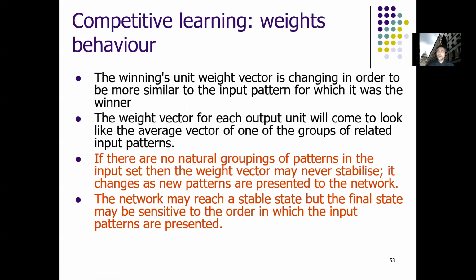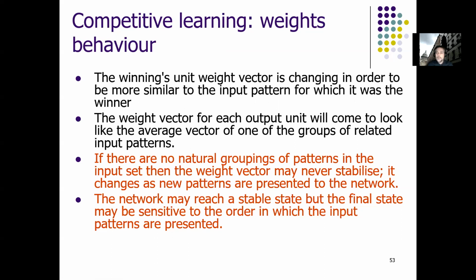What these kinds of algorithms are doing, because they don't have a desired output, okay? So what they are doing is that they change the weights, not to reduce some kind of error, but to make the weights similar to the inputs that the network receives, okay? So every time the winner will try to make its weight more similar to the input data.